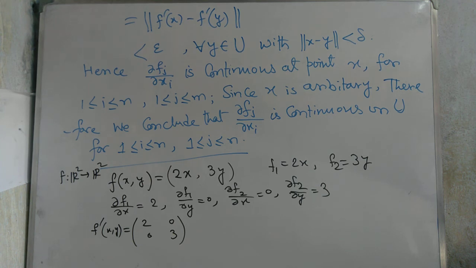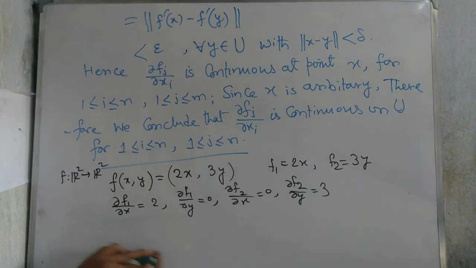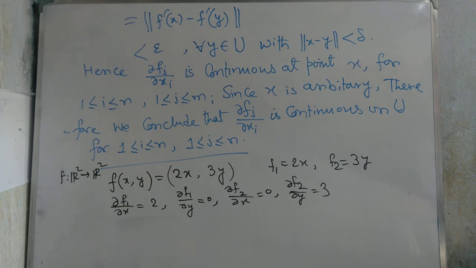That means a differentiable f is here continuous. If we write f'(x,y), then this is the matrix with f(x,y) equal to (2x, 3y). We also check here that these derivatives are continuous. But if we do another example, then we see it better.